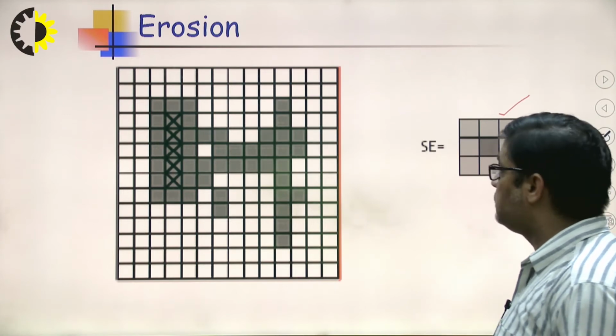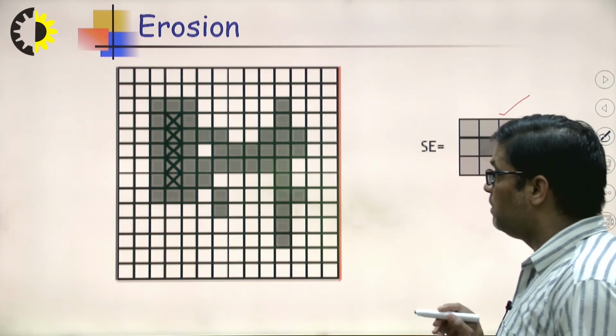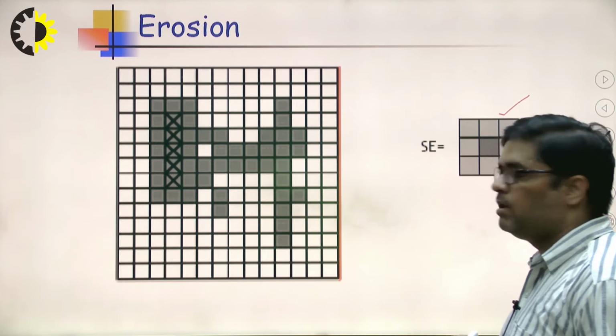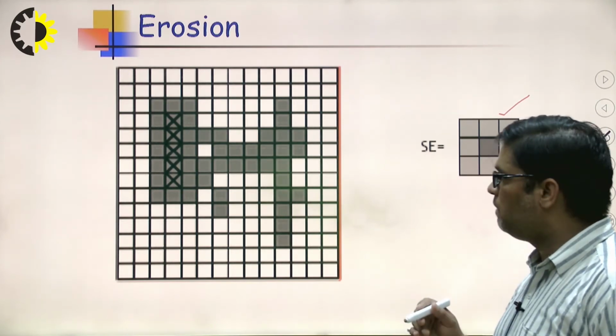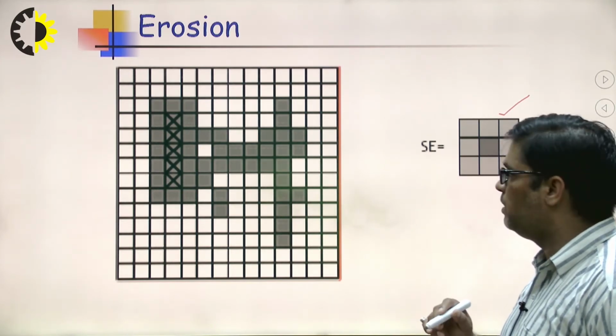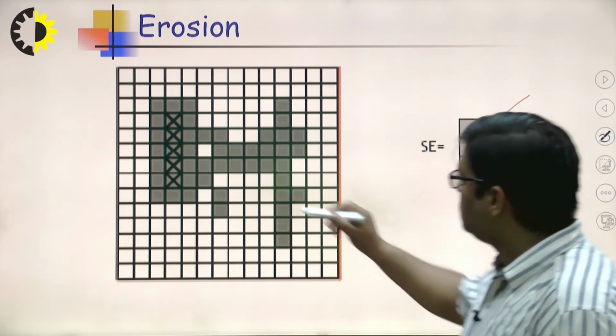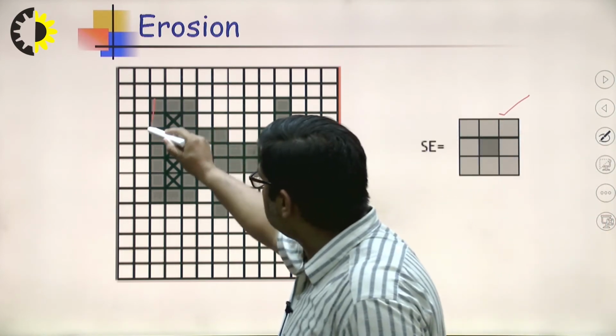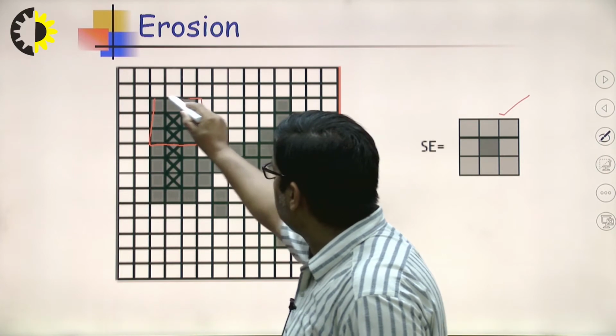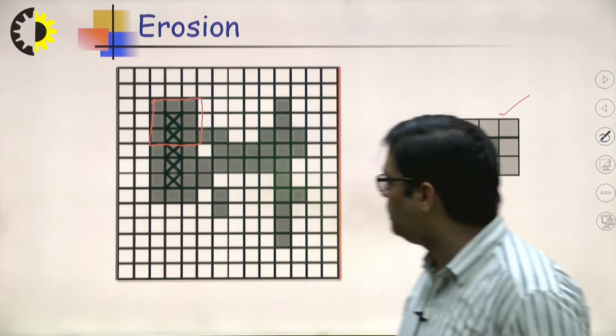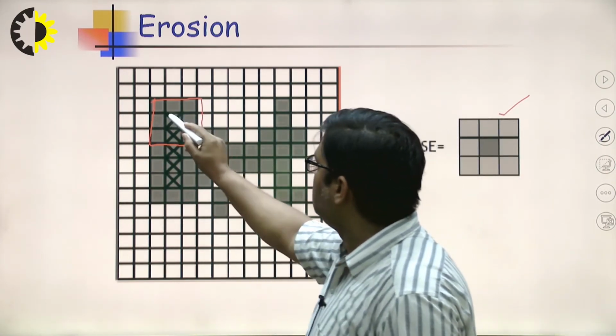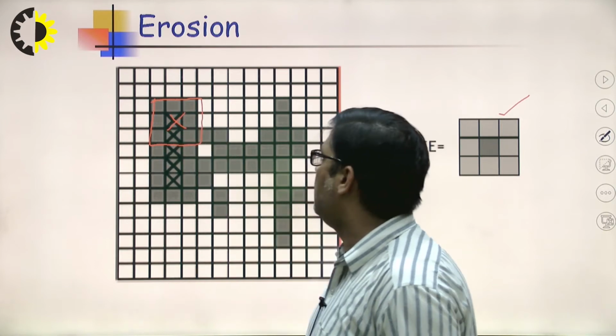If the element completely matches the image, then the central pixel will be highlighted and the rest will be removed from the image. Here it is completely matching, so the central pixel value will be highlighted.